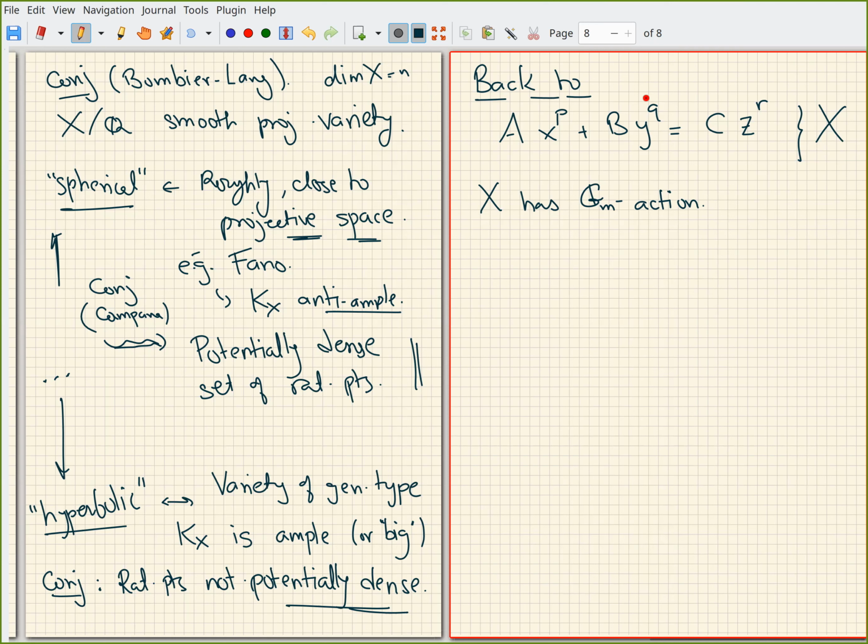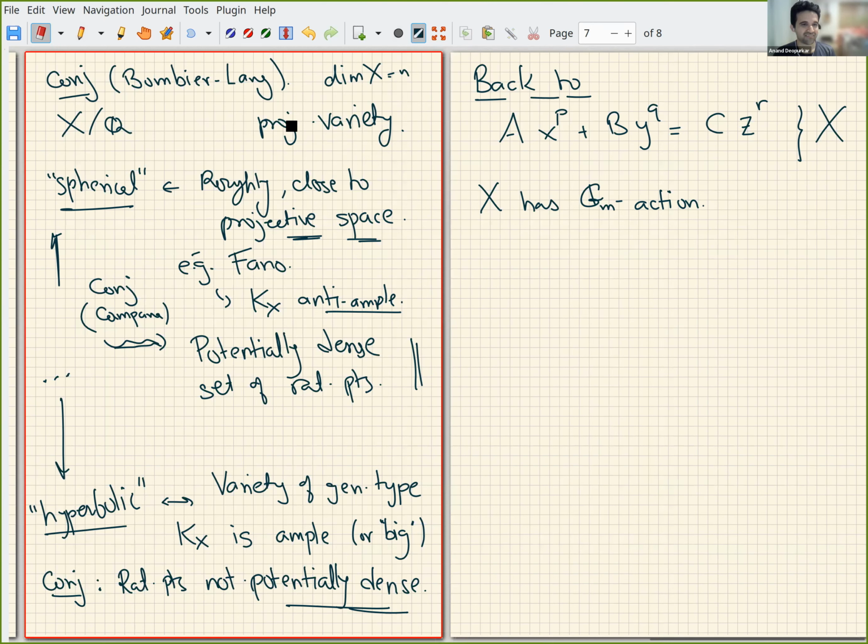Yeah. Is your question only up to birational type? Yeah, it's only up to birational type. Yes. So you're dealing only with function fields, only with the meromorphic function field of the variety. Yes, only with the meromorphic function field. Okay. Let me erase smooth. So projective variety.